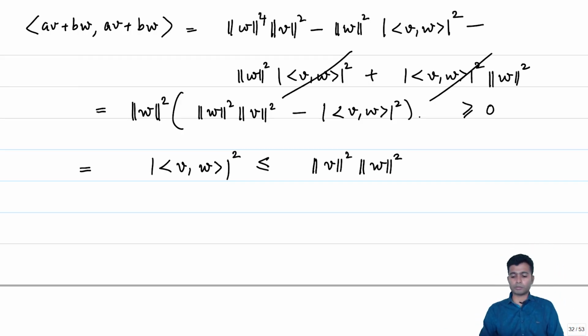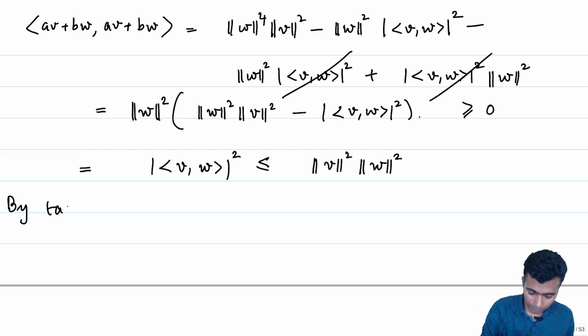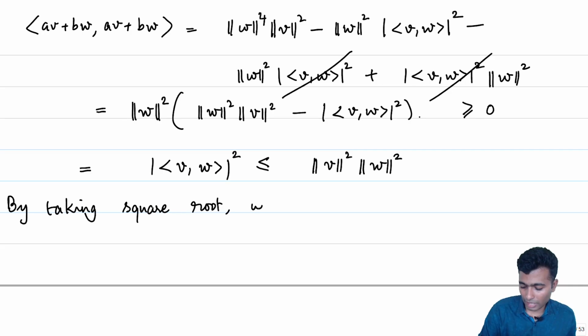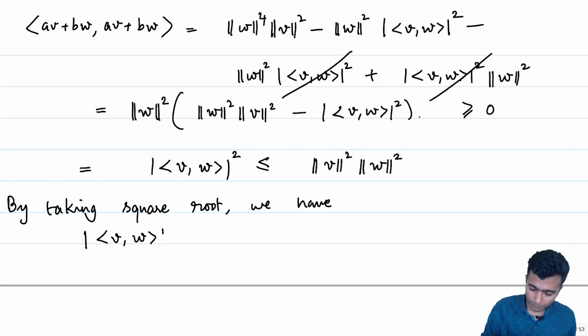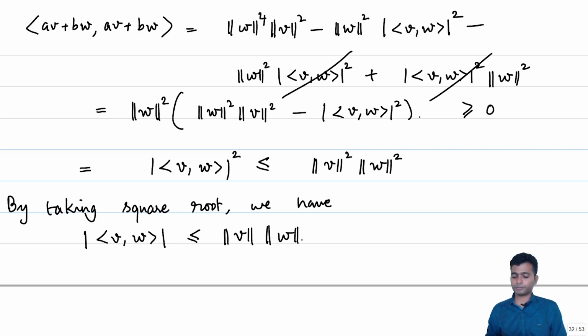Now all these are positive numbers. By taking square root, we have the Cauchy-Schwarz inequality, which tells us that the absolute value of VW is less than or equal to the length of V times the length of W. And that's precisely what we were saying.